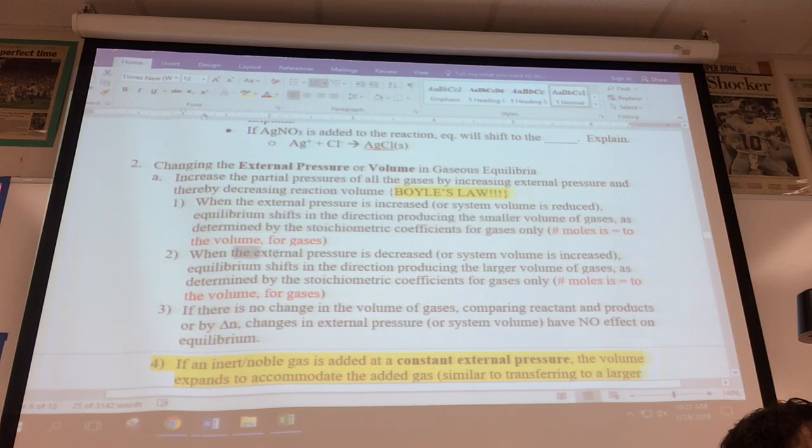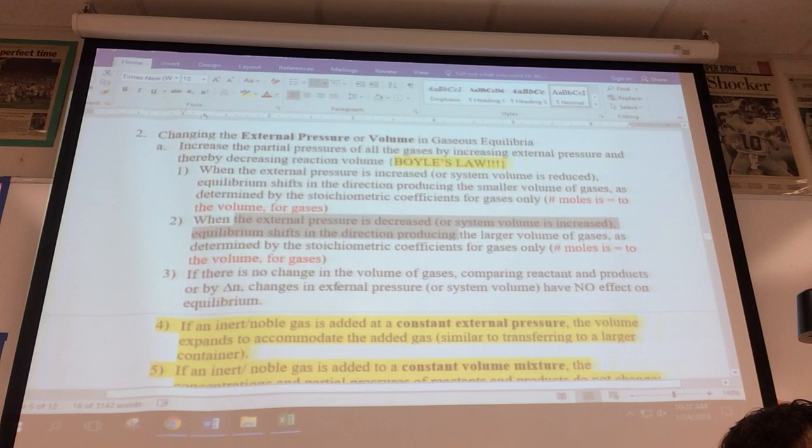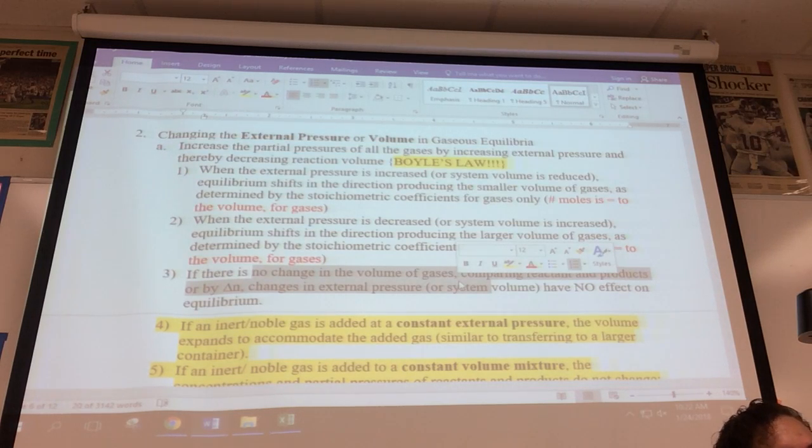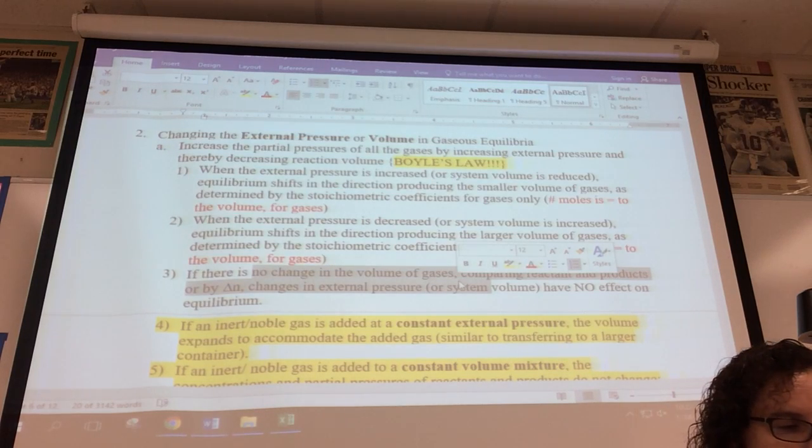When you decrease pressure, equilibrium shifts to the side that has the larger volume of gaseous substance. If there is no change in the volume, let me rephrase. If you alter the pressure, but the volume on the left side and the right side of the equation for gases is the same, there's no effect. So that example would look something like this.